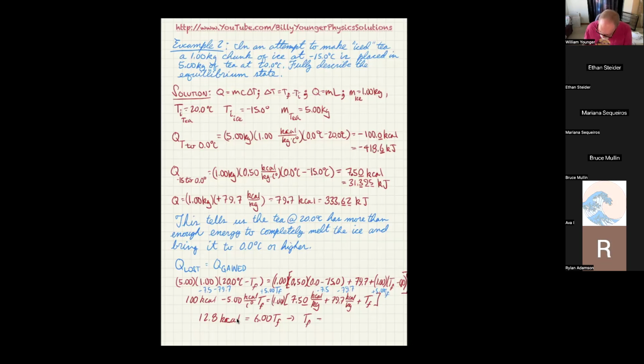So TF is going to be equal to 12.8 kcal divided by 6.00 kcal per Celsius degree. So I'm actually going to get degrees Celsius out of that. You see, 12.8 divided by 6 gives me 2.13.